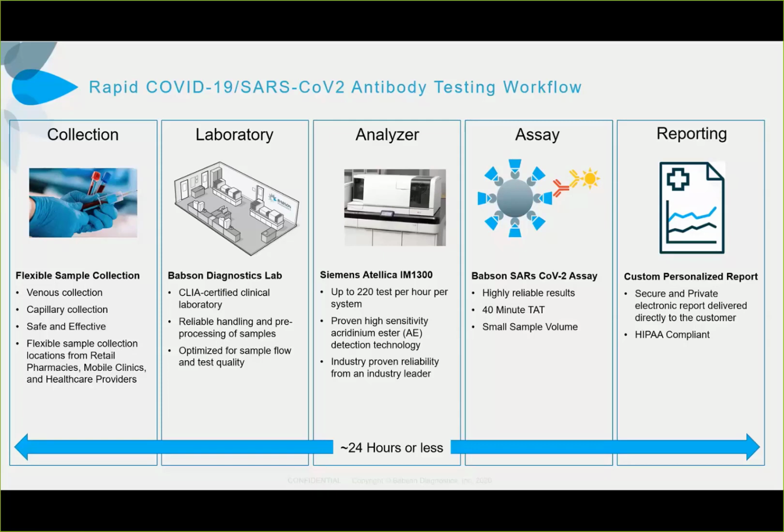Many assays developed on this platform have regulatory approvals across the globe, so this is a proven technology and industry leader in reliability. Our SARS-CoV-2 assay is, again, highly reliable, less than 40-minute turnaround time, and a uniquely small sample volume to support both venous and capillary sample collection.